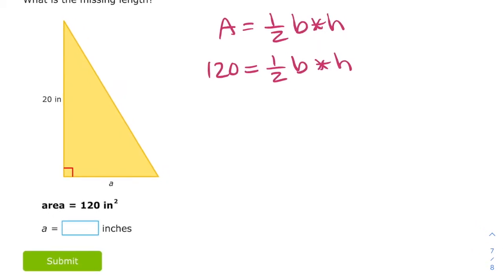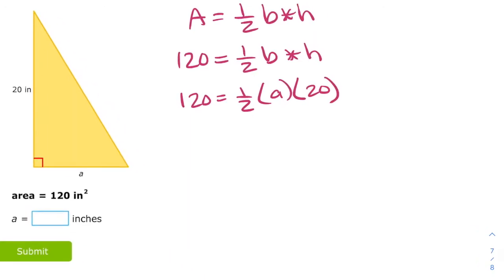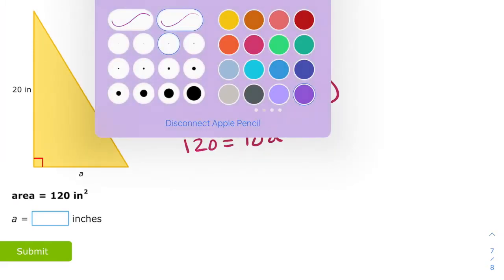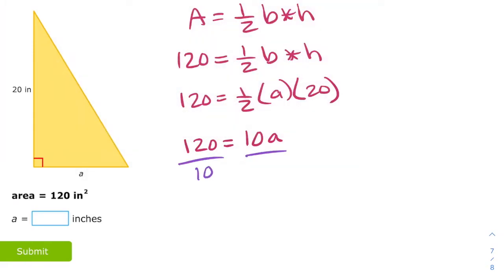My base is A and my height is 20. So let me do the algebra on the right hand side. 1/2 of 20 is 10. So it looks like it's going to be 10A. I'm going to divide both sides by 10, and I get 12 equals A.